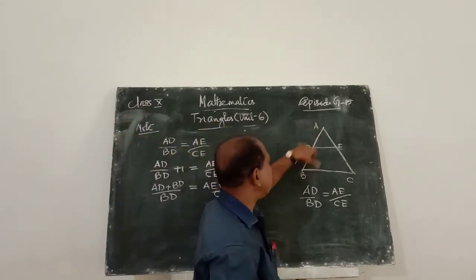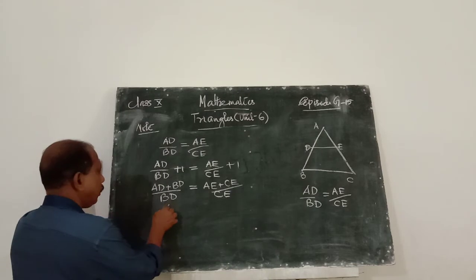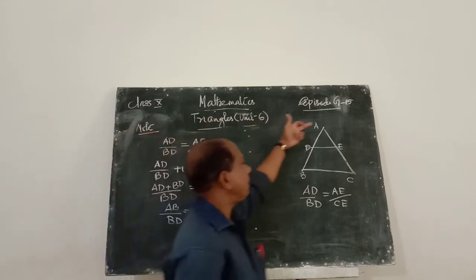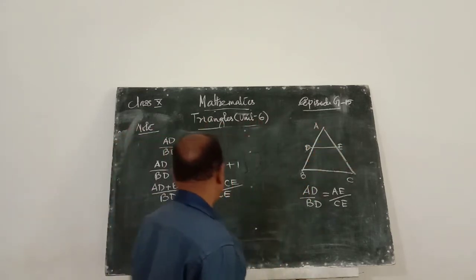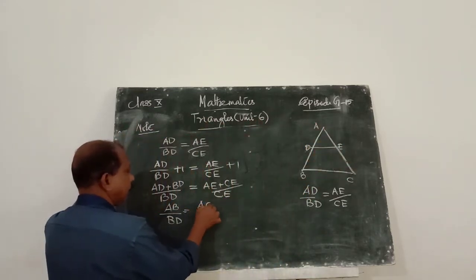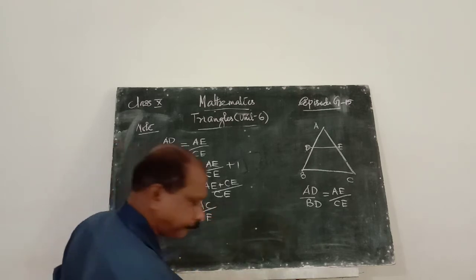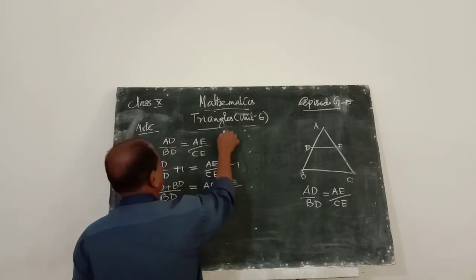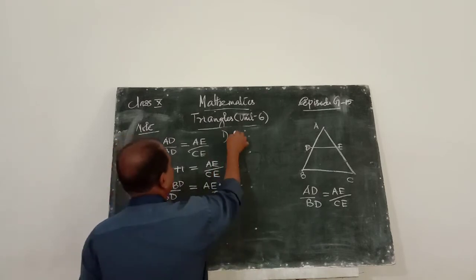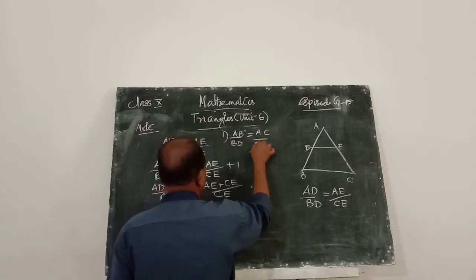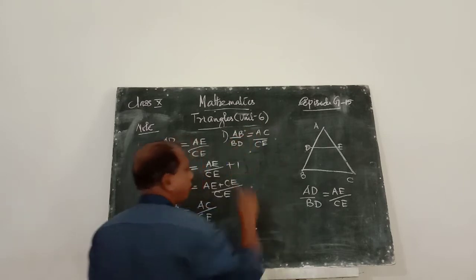AD plus BD is equal to AB, and AE plus CE is AC. That is, AB by BD is equal to AC by CE. This is the first result for problems.